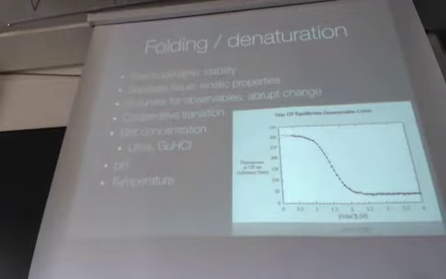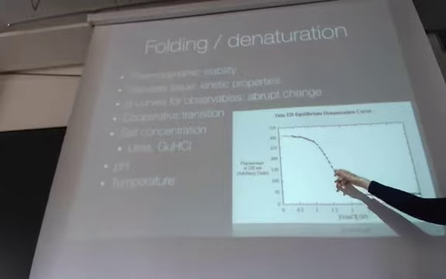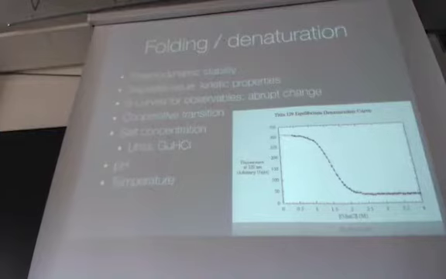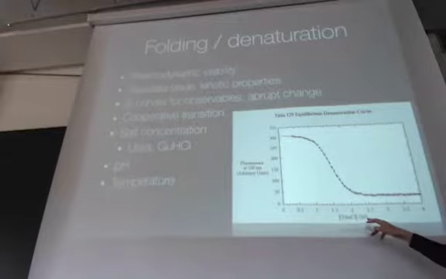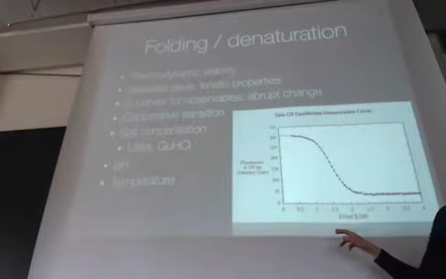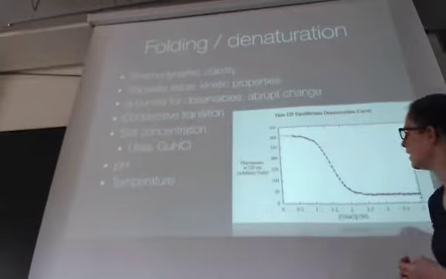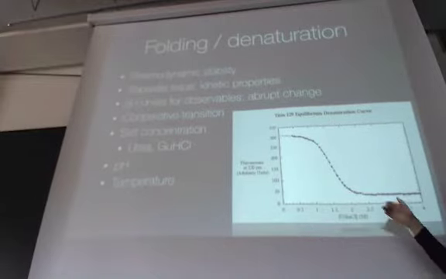It looks like the protein goes from, in that case, folded to unfolded in a really sharp way. Okay? And just to give you ideas what causes unfolding, here is some chemical. I forgot this guy. But you get the same effect from pH, from temperature, from other types of unfolding agents.